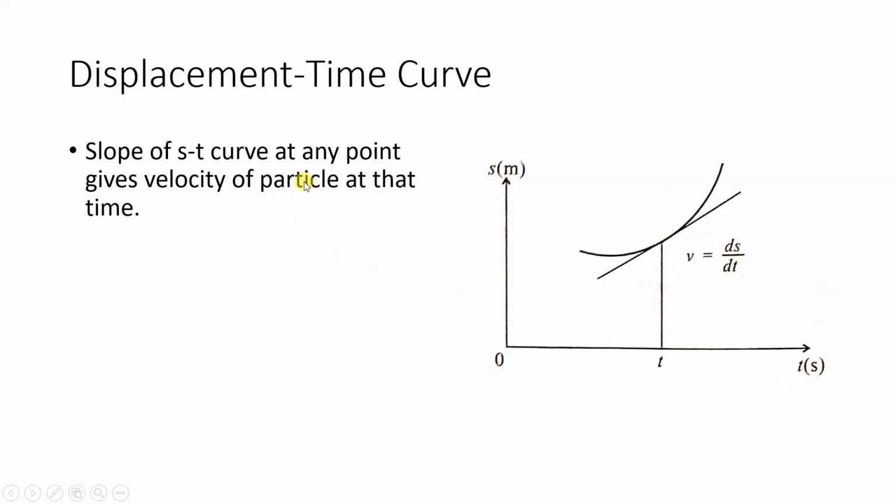So what conclusion we get from this displacement time curve is, whenever we have a displacement time curve on an ST diagram, the slope of that ST curve at any point gives the velocity of the particle at that time. So you can calculate the velocity of the particle at that time from this slope.